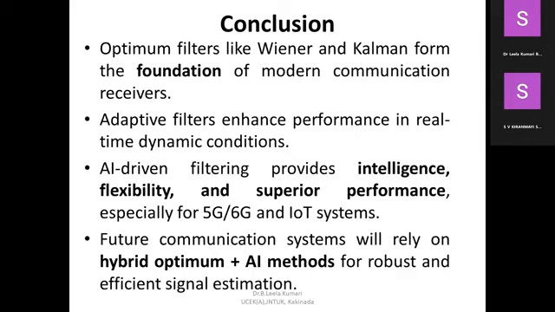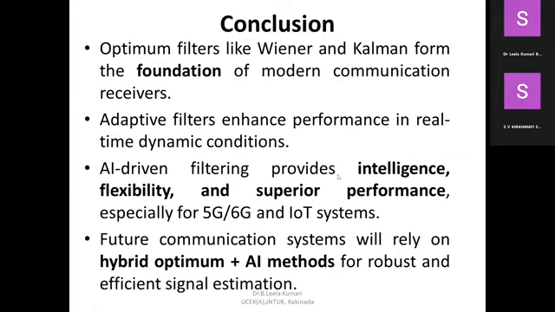So the optimum filters like Wiener, Kalman, LMS, and RLS form the backbone of communication receivers, and adaptive filters allow systems to adjust automatically in dynamic environments.